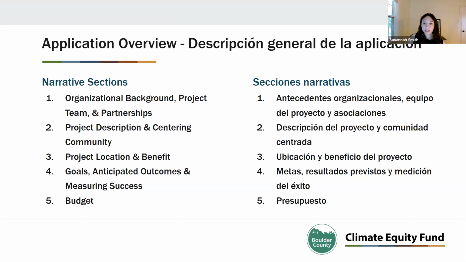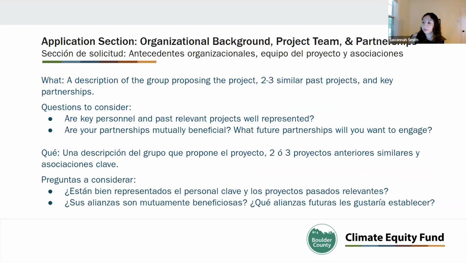Those include the organizational background, project team, and partnerships section; project description and centering community; project location and benefit; and goals, anticipated outcomes, and measuring success; and the budget. I'm going to go over each section and give you tips for how to write to these sections and help you strengthen your application. And continue to write any questions in the chat as well.